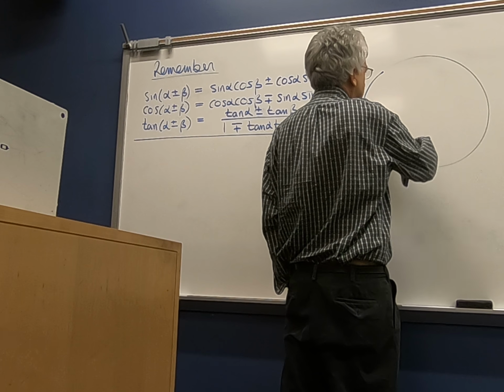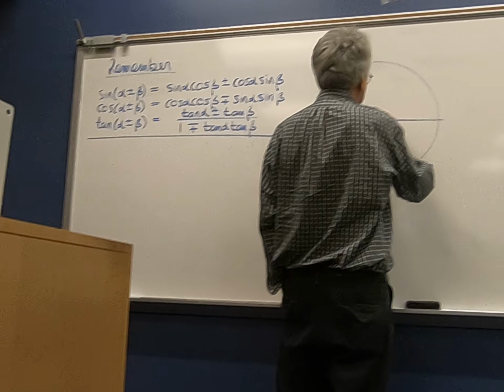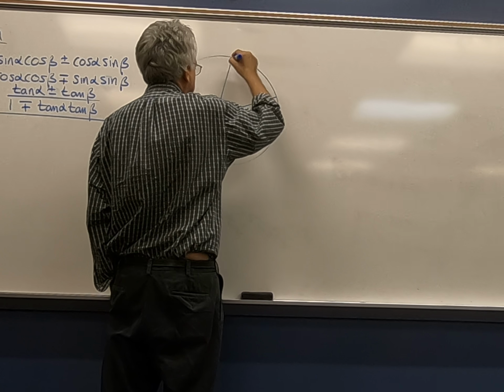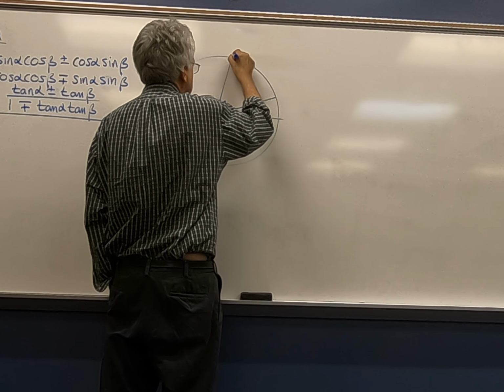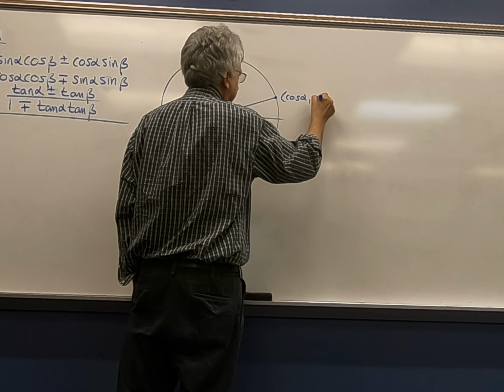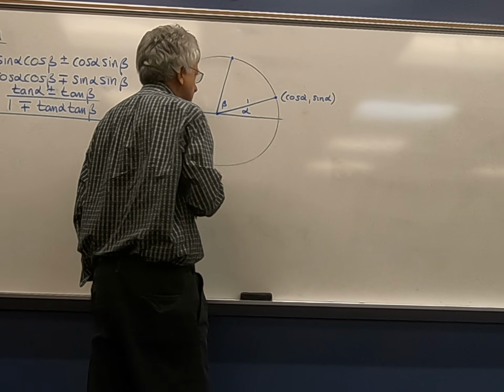Say that the distance formula is, if you've got two angles here, alpha and beta, then this is going to be cosine alpha, sine alpha, right? By definition, this is the unit circle.